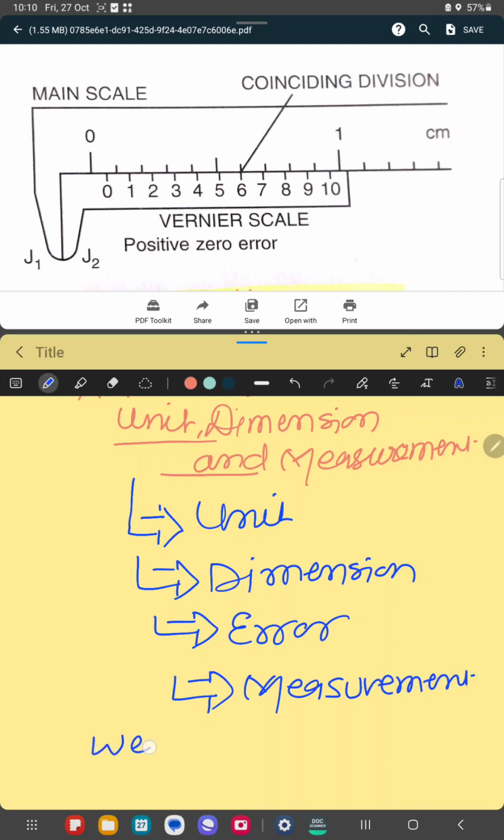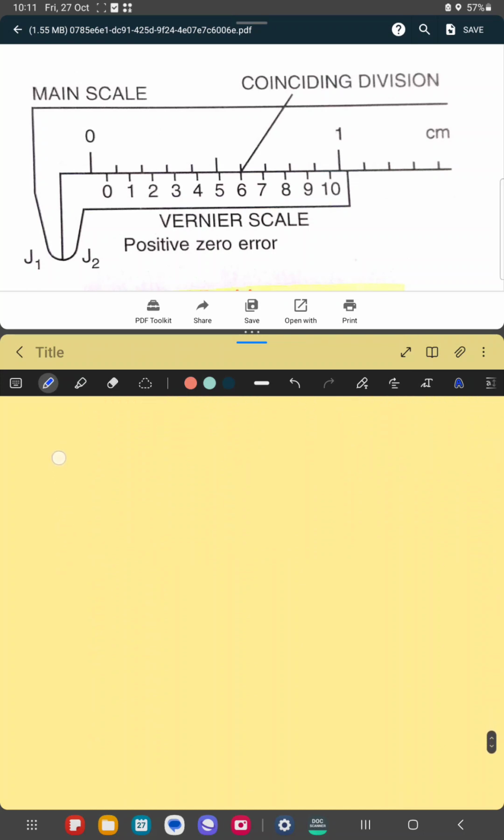Total weightage is 1 to 2 marks. This is the weightage of the unit, and we are going to start with measurement.